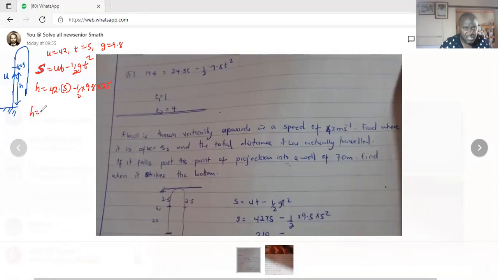This will give us H is equal to 42 times 5 is 210 minus 4.9 times 25. 9.8 times 5 is 49. 49 times 5 is 245. 245 divided by 2, the answer is 122.5. So this will be 210 minus 122.5.